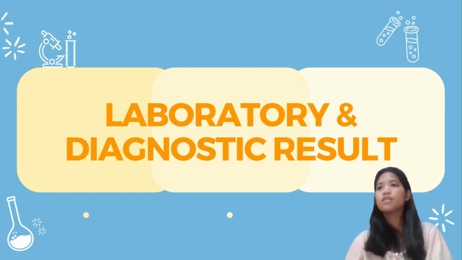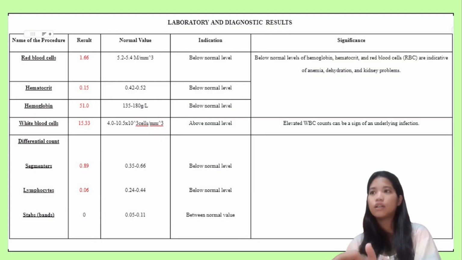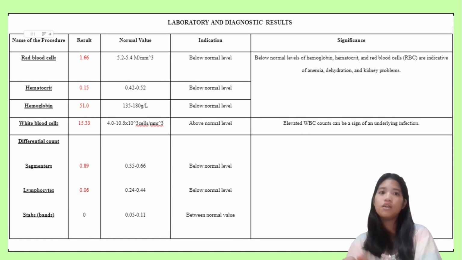So next is the laboratory and diagnostic results. First is the red blood cells, or RBC. The result is 1.66 and the normal value of RBC is 5.2 to 5.4. So the patient is below normal level. For the hematocrit, the result is 0.15 and the normal value is 0.42 to 0.52.